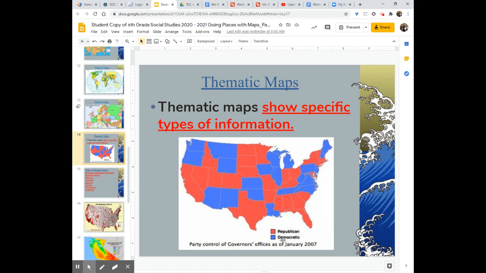Because we're using the key or the legend of this map. But we don't, for example, know how many people live in Texas by looking at this map. We couldn't find Boise, Idaho on this map because that's not what this map is telling us.